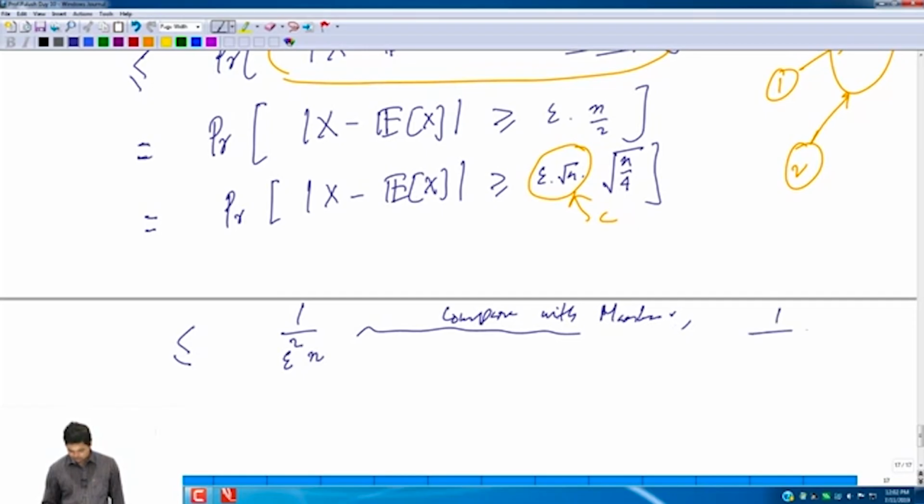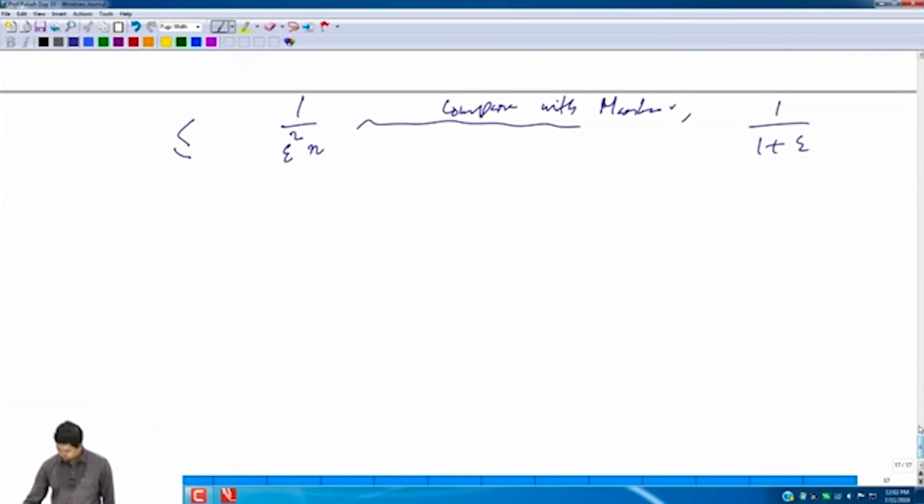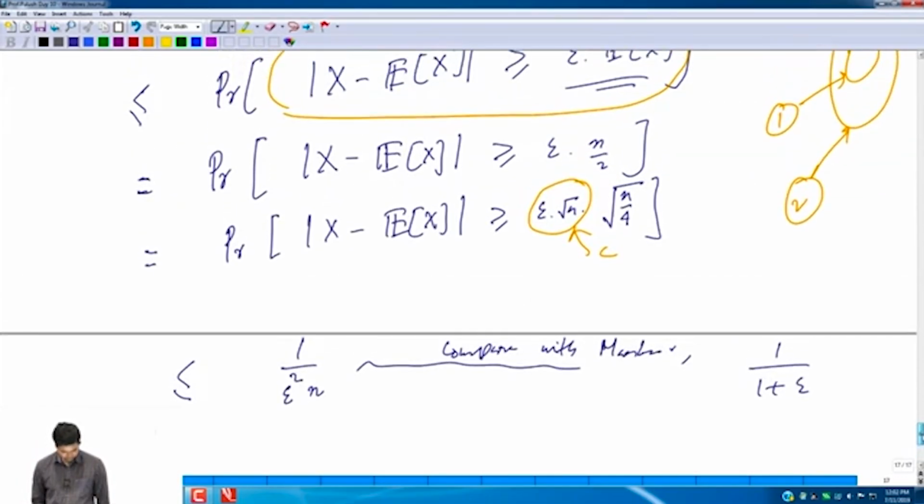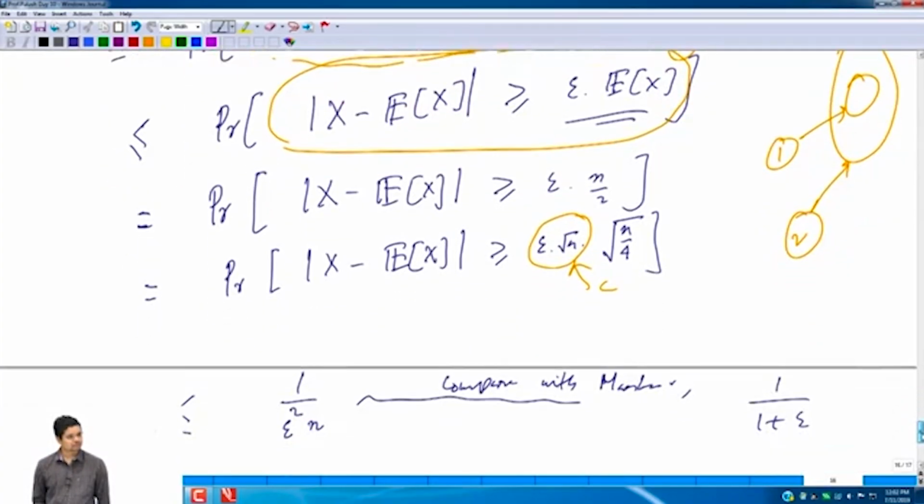Markov gave 1 by 1 plus epsilon, whereas this is much smaller, especially if n is large, right? Any question?